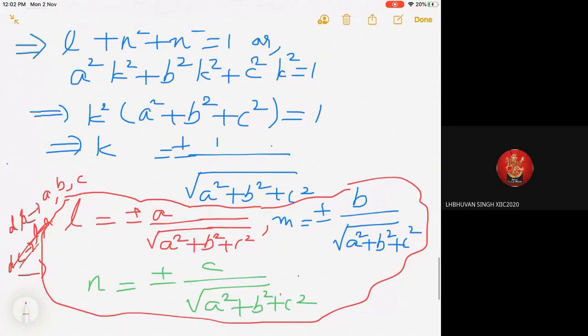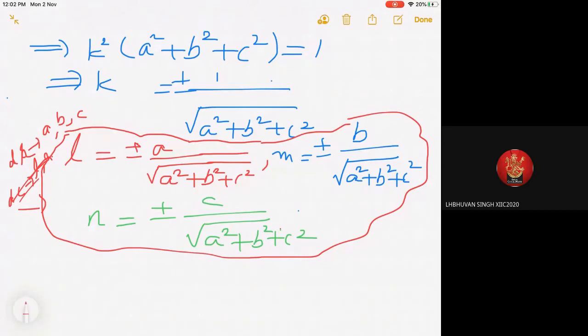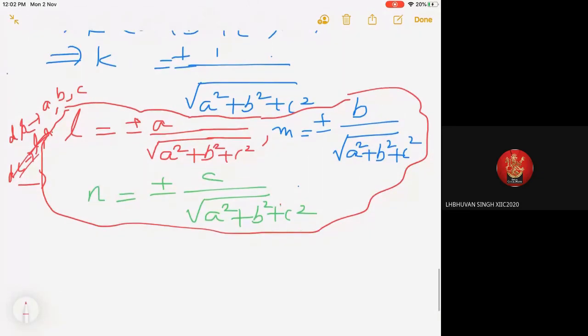So now we will do some problems. Exercise 11.1, question number 1.